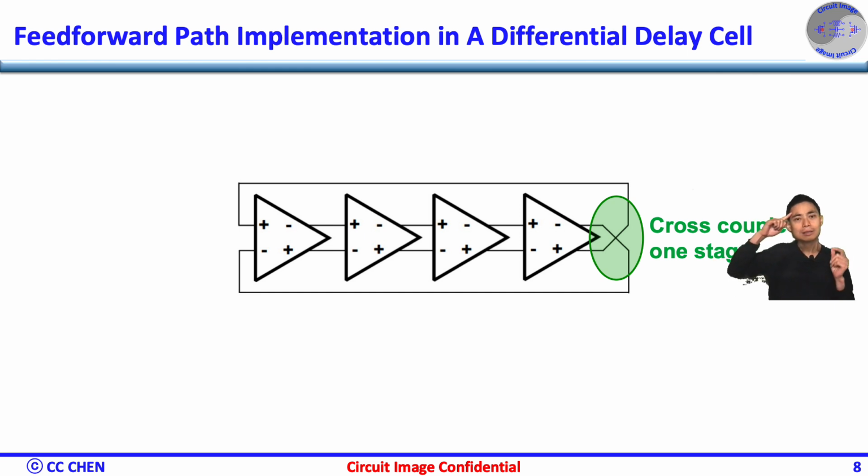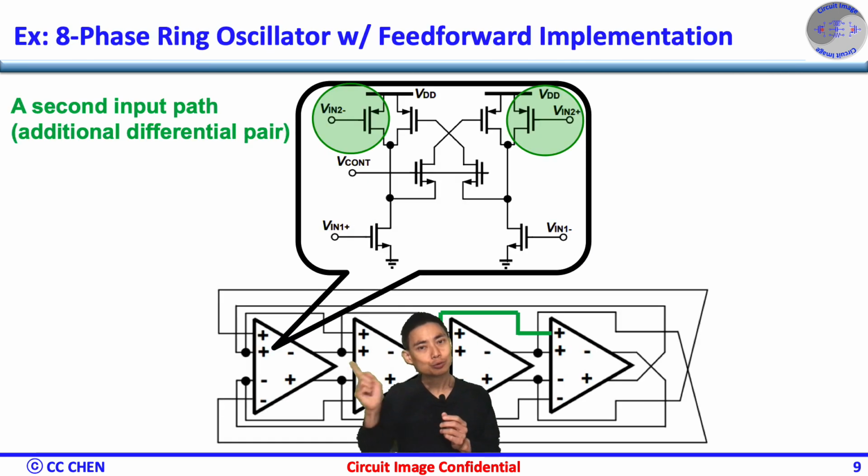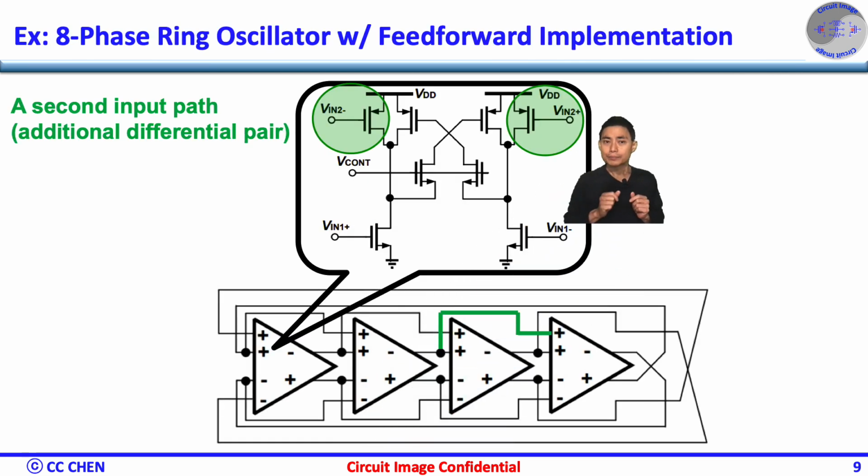Think about the phase interpolation images for 5 seconds. Bingo! To interpret the phase properly, we must add a second input path over an additional input differential pair to remove the possibly wrongly interpreted phase stuck in the latch step.